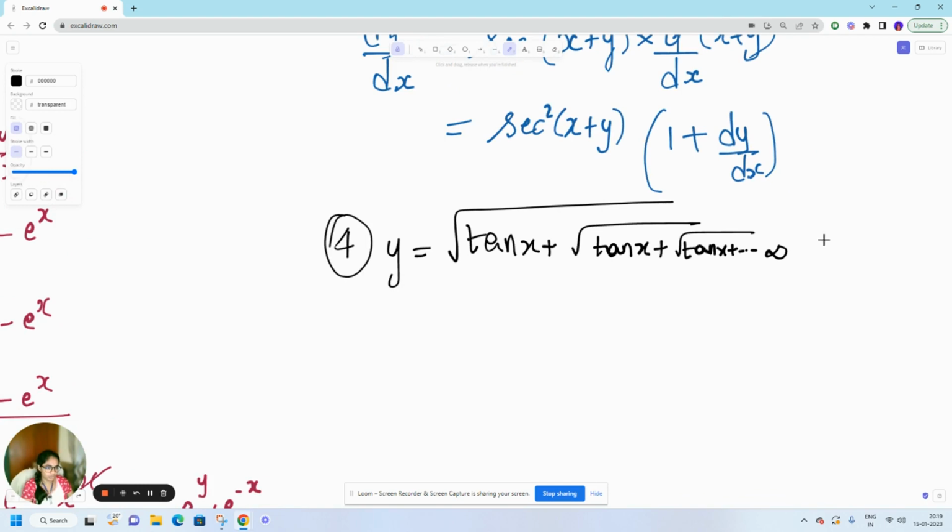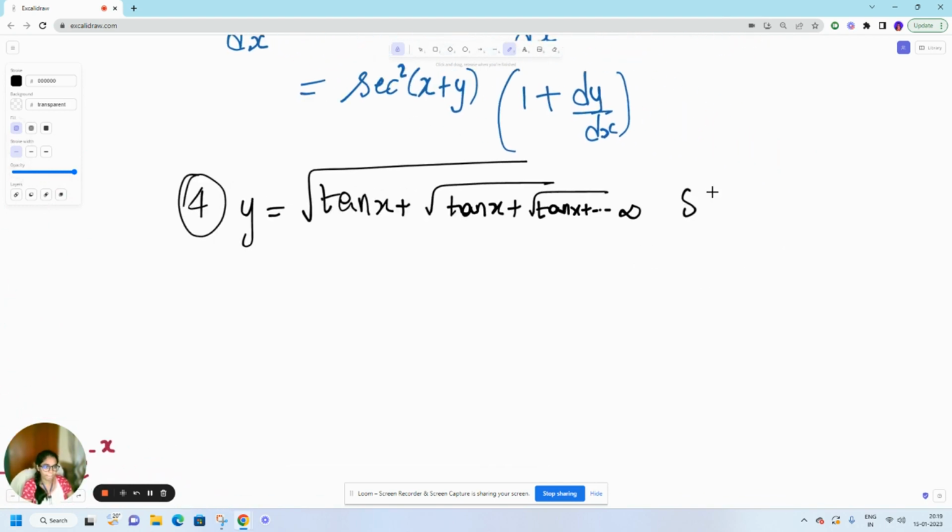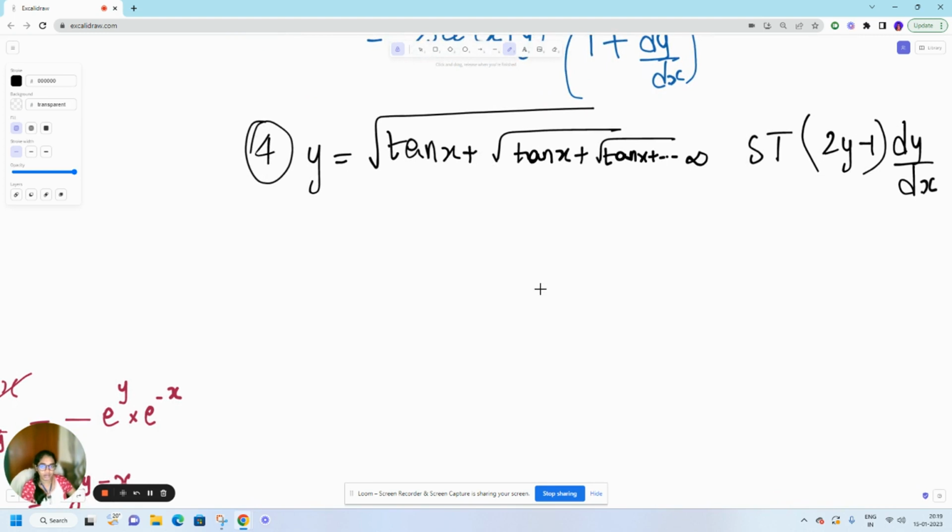They're asking us to prove that (2y − 1) dy/dx is equal to secant square x. Now how do I solve this? Let me use the chain rule itself. I'll assume that y is equal to square root of this whole part. I'll assume it is y itself.